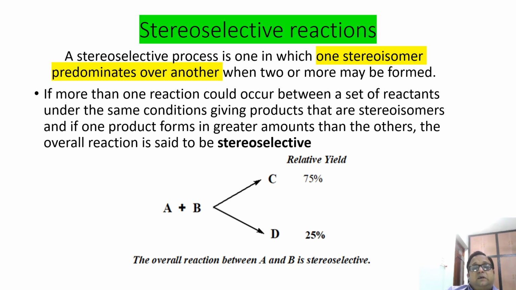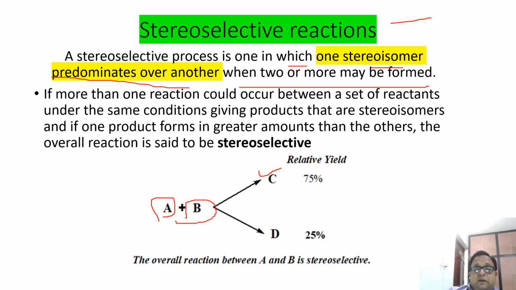On the other hand, stereoselective reactions are the process in which one stereoisomer predominates over another when two or more products are formed. So have a look, these are the two reactants A and B. In this case, we are getting two products C and D. C is in majority, that is with 75% yield, and D is with minority, that is 25% yield.